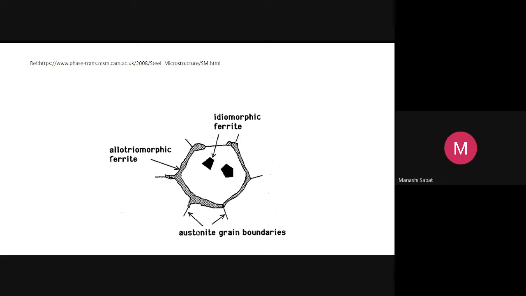Can you tell me the name of this grain boundary? I told you earlier. This is an austenite grain boundary, but what is the exact name?